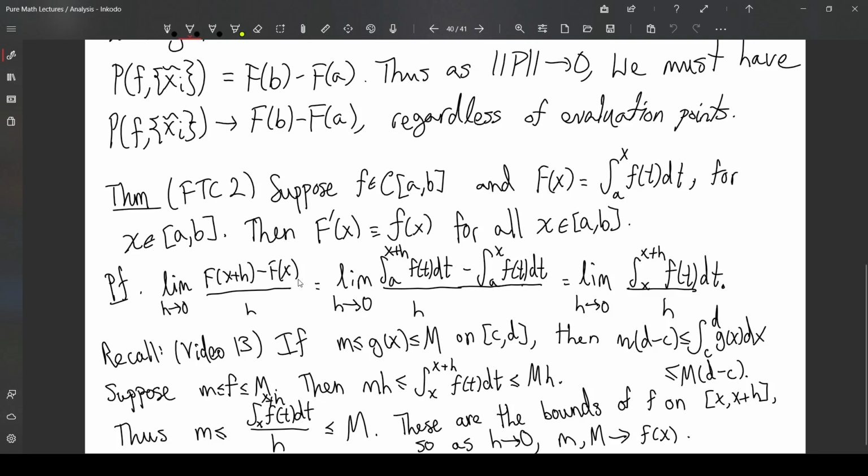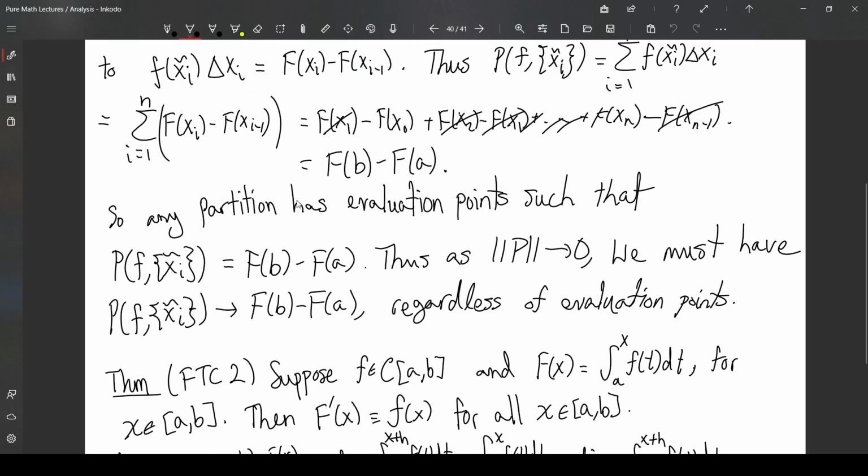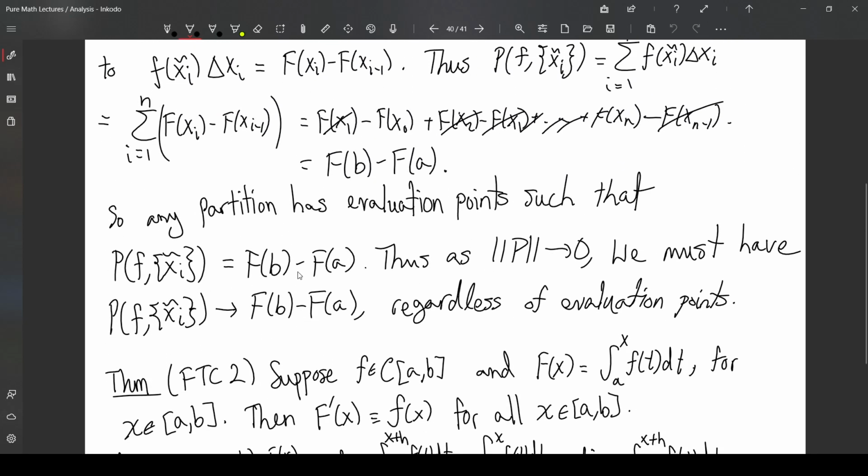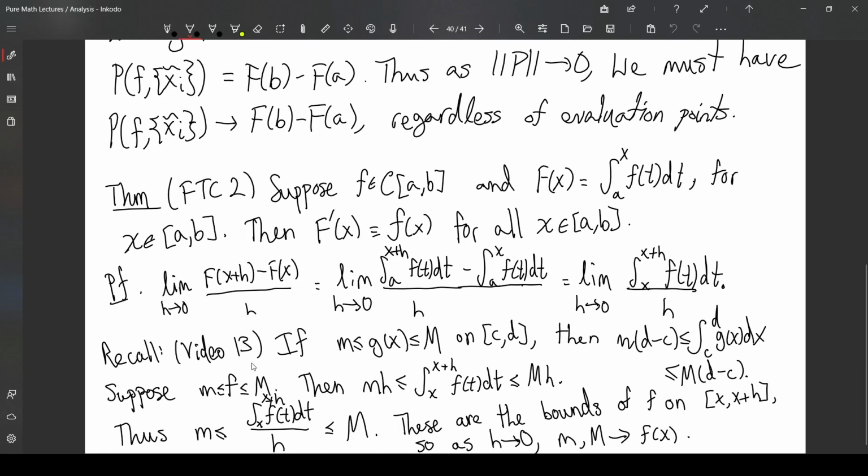And the proofs of these two theorems use different ideas that we've dealt with. The first theorem used partitions and Riemann sums, and the proof of the second theorem used difference quotients and limits and the actual limit definition of a derivative, which I think is pretty cool.